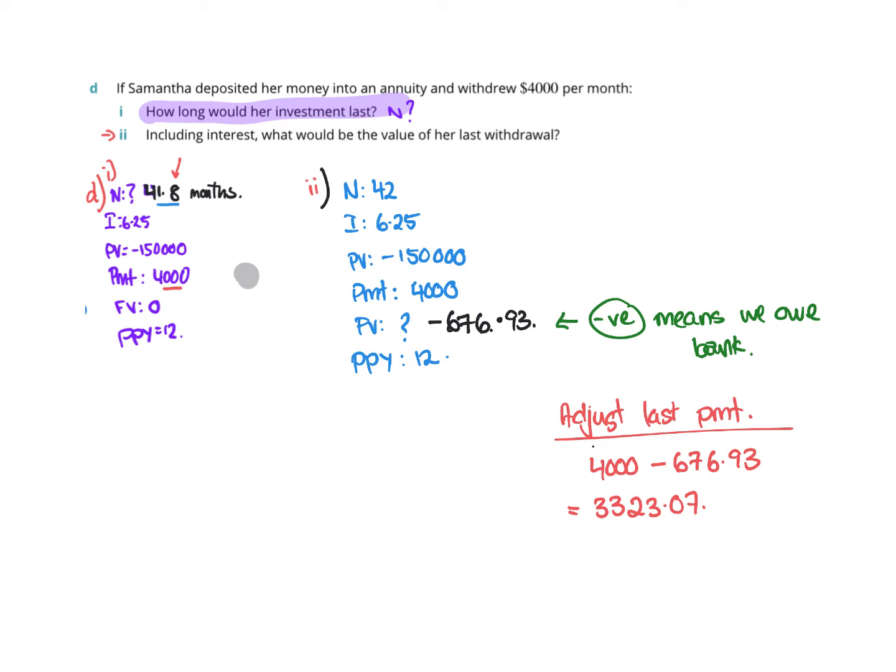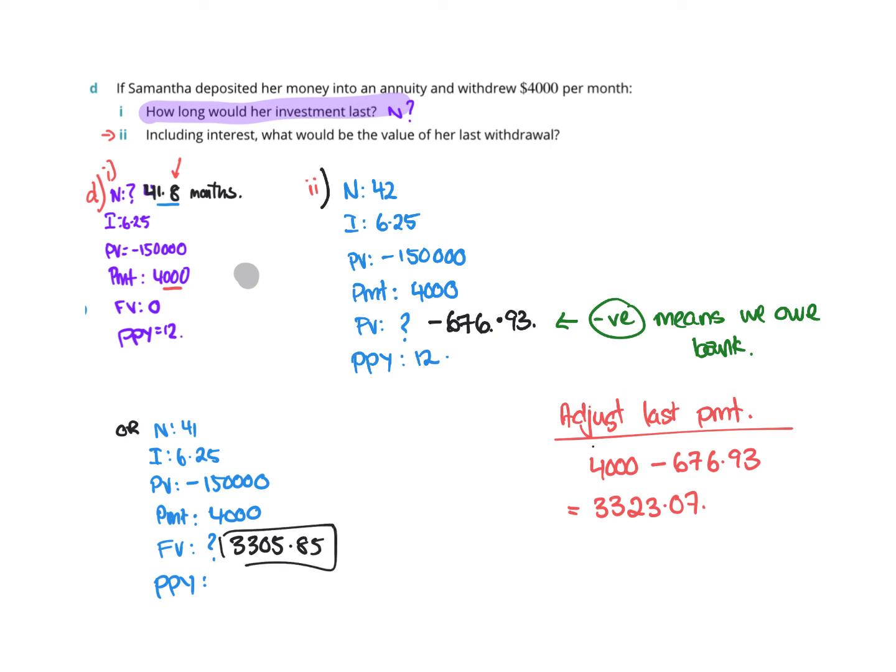So just to show you what I mean by that, we could have done N at 41 months and found what the final value was, and then we would have added it. She could have had a bigger payment at the 41 months. So let's work out what that was. If you do it that way, you end up with 3305.85.